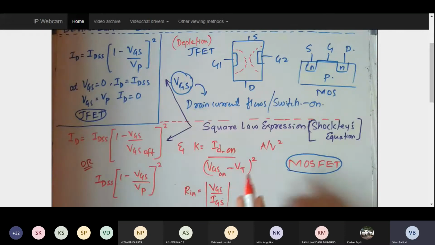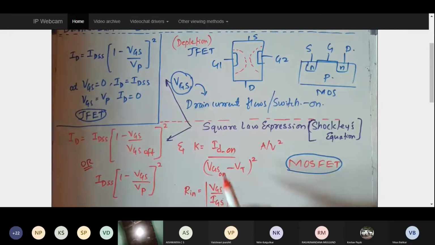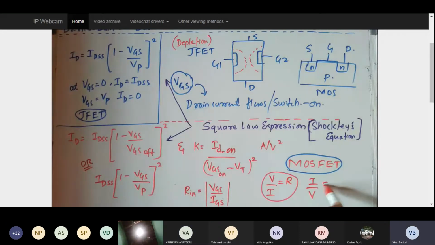You should remember this. Now tell me, what is V by I? Resistance. Yes. And what will be I by V? 1 by R. 1 by resistance means what? Conductance.